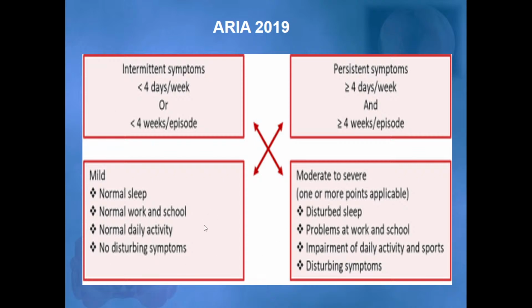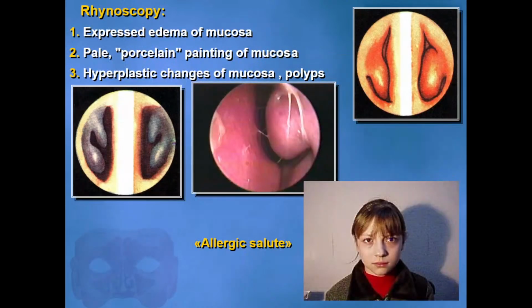And here you can see the forms of severity of disease: mild, moderate, and severe. All these three forms can be met in patients with intermittent rhinitis, and also in patients with persistent rhinitis.